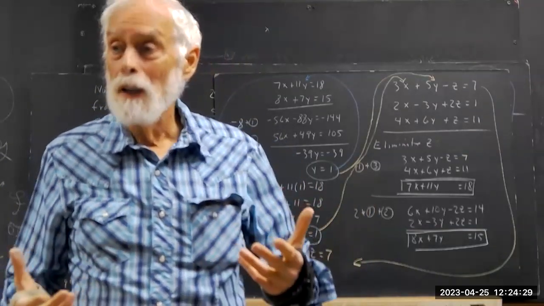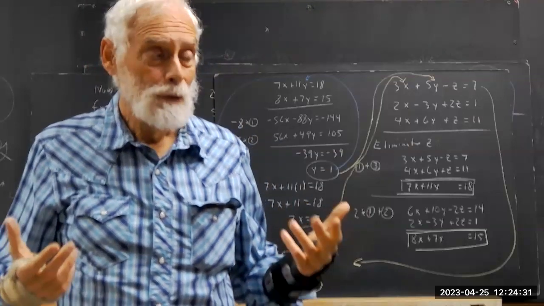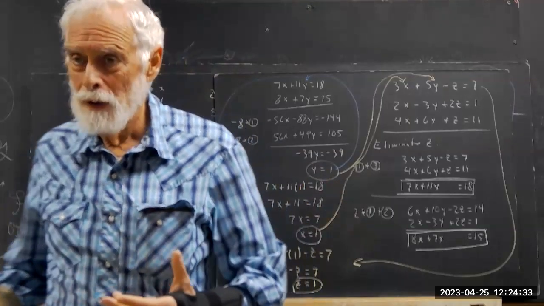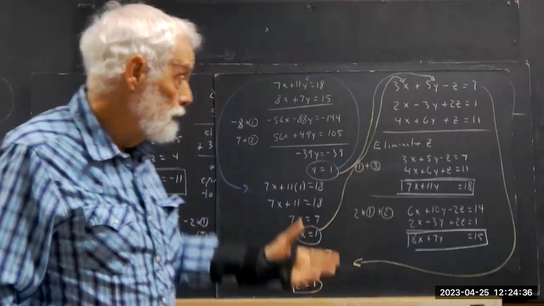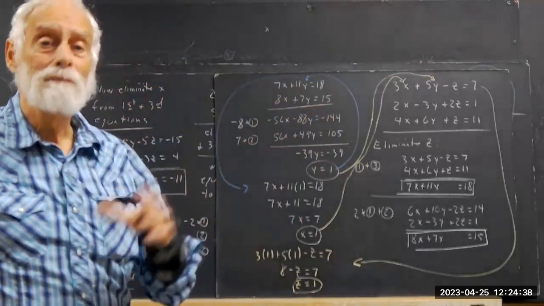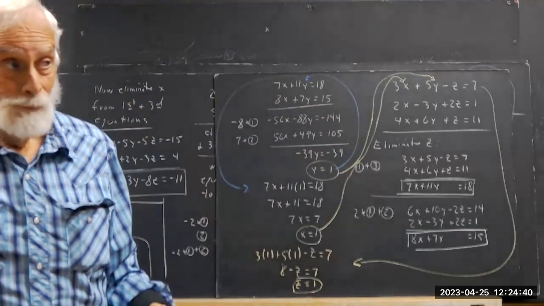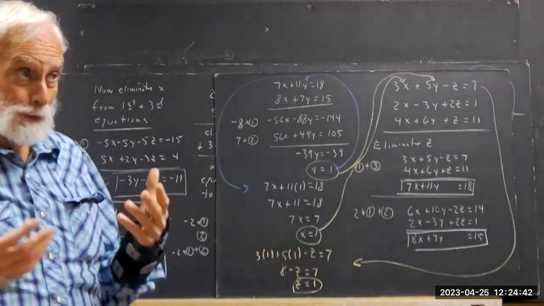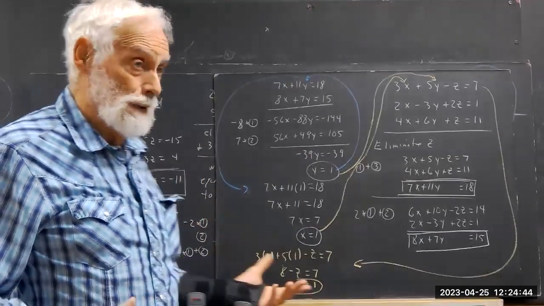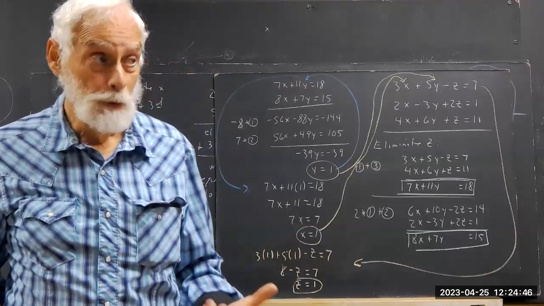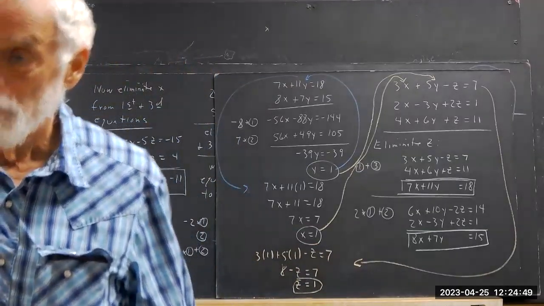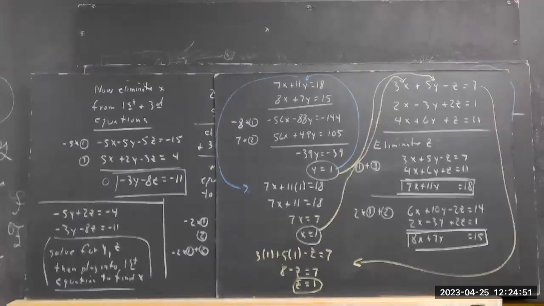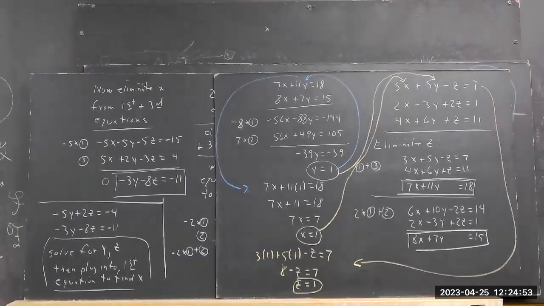So there are all kinds of possibilities. And we're not talking at this point about those possibilities. We're having a lot of difficulty with just getting the process started. We'll talk about that in pre-calculus. I take it back.